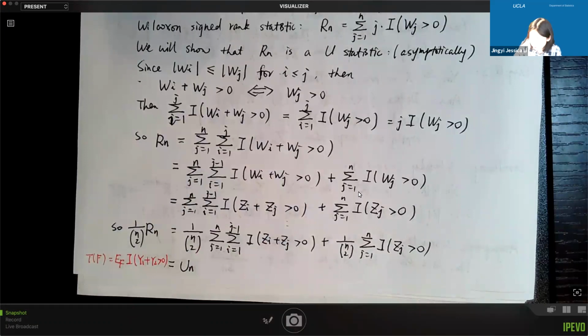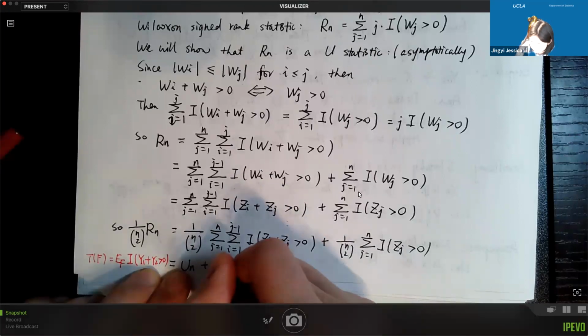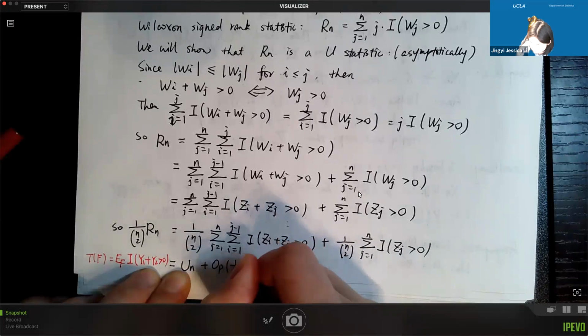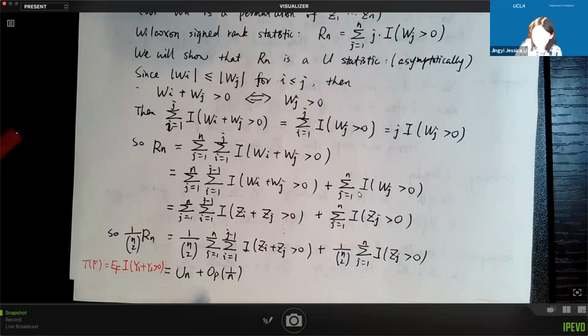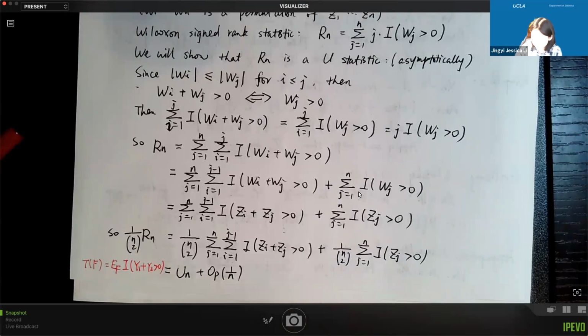In the second term, the denominator is n choose 2, which is in the order of n squared, but the numerator is just a summation of n terms, and each term is binary. So the second term is of order 1 over n. I use the notation big O_P because it's a random variable.